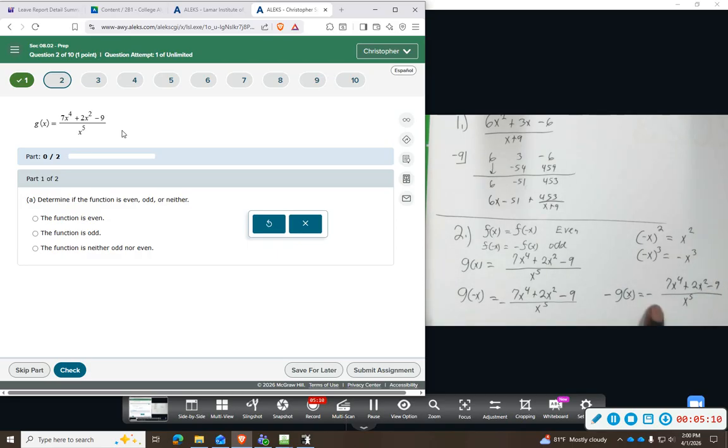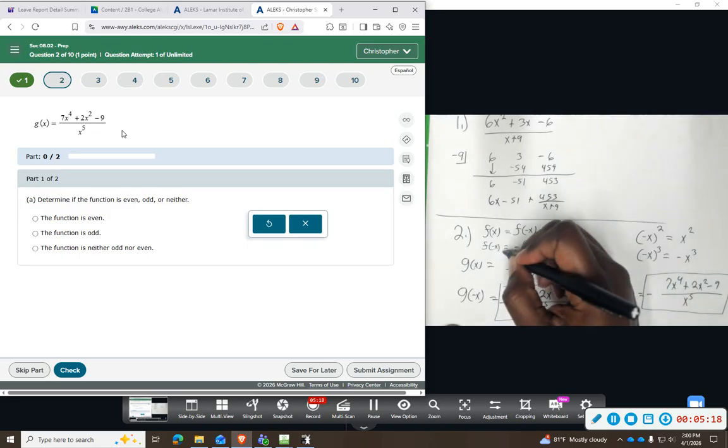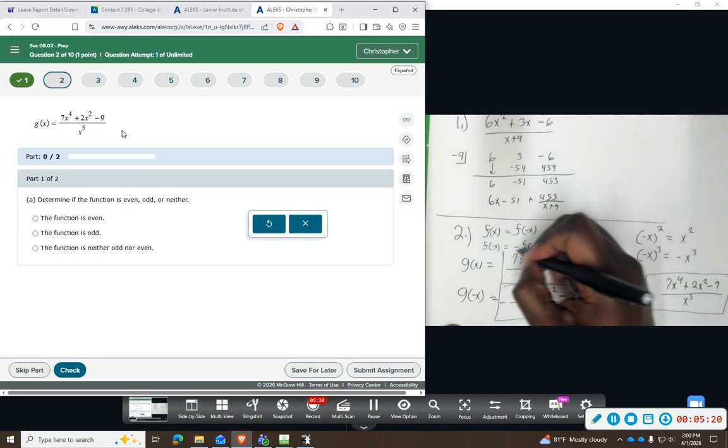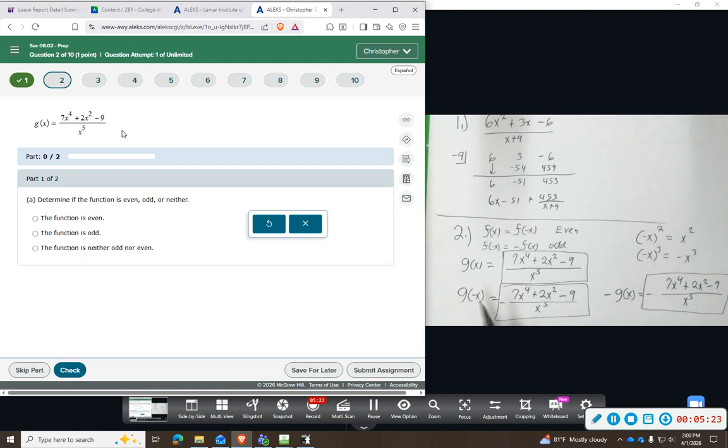Okay, so now I'm comparing these answers to the original. Okay, looking for symmetry. So when I compare g of x to g of negative x, that's this case, everything is the same except for the positive and negative.